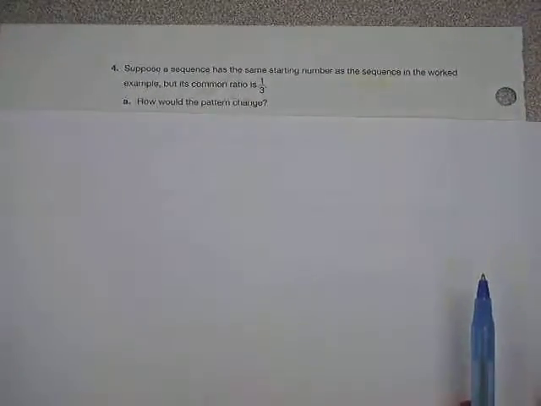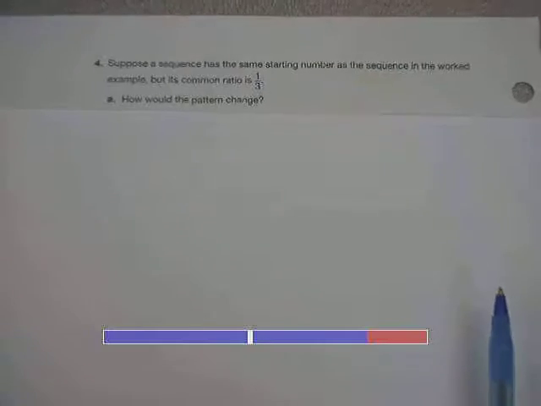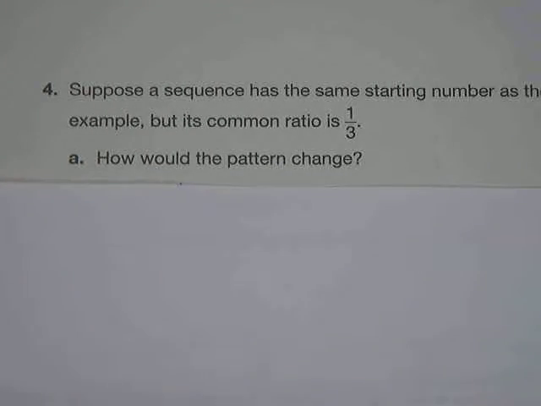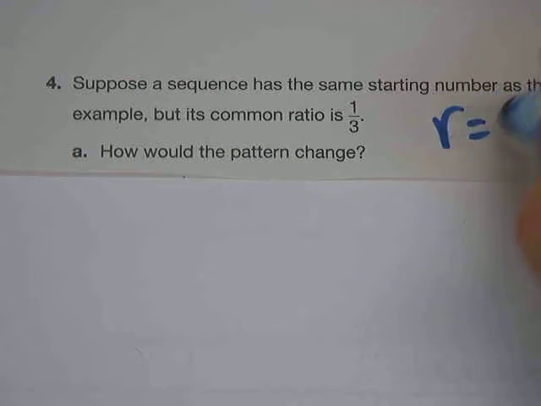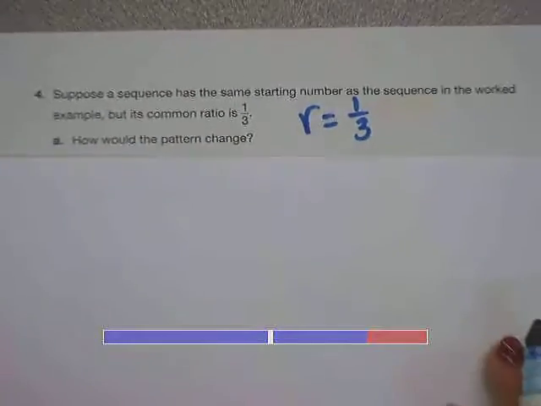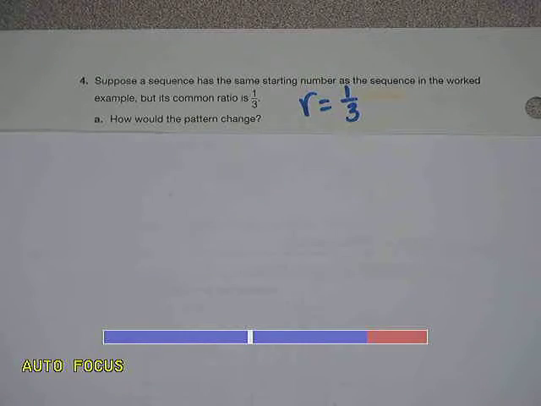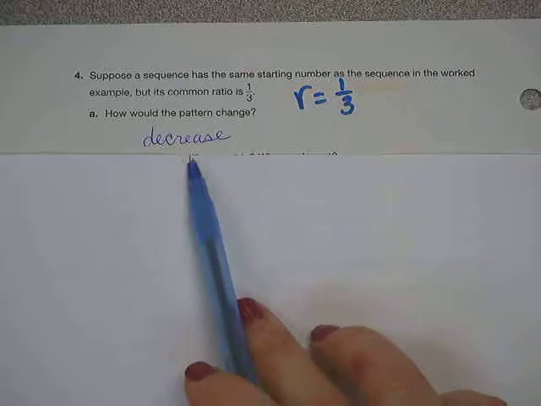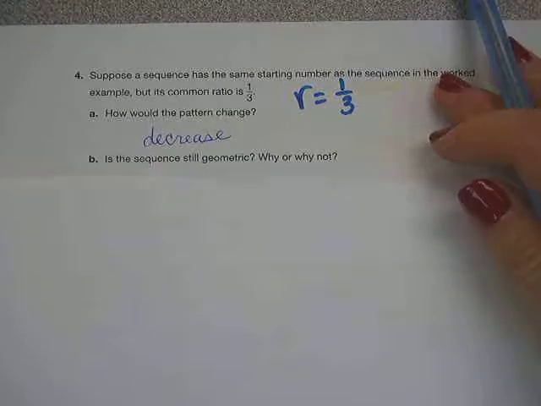So suppose the sequence has the same starting number as the sequence in the worked example, but now the common ratio is 1/3. Well, one thing I want you to realize is when the ratio is a fraction, it's something less than 1, that really is the equivalent of dividing. So how would the pattern change? The pattern would now be going down. It'd be decreasing.